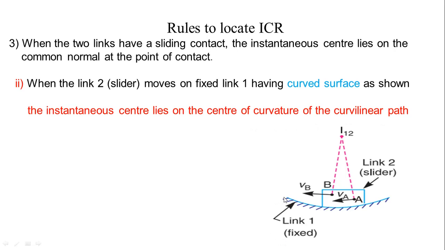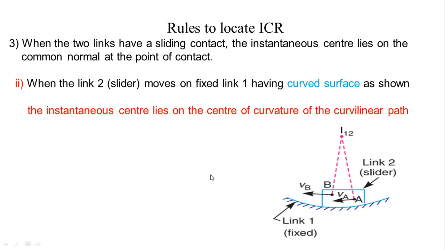Whatever the curvature of this curved surface, it will have one center, and that center is the instantaneous center for the curvilinear path, when the slider moves on a curved surface.